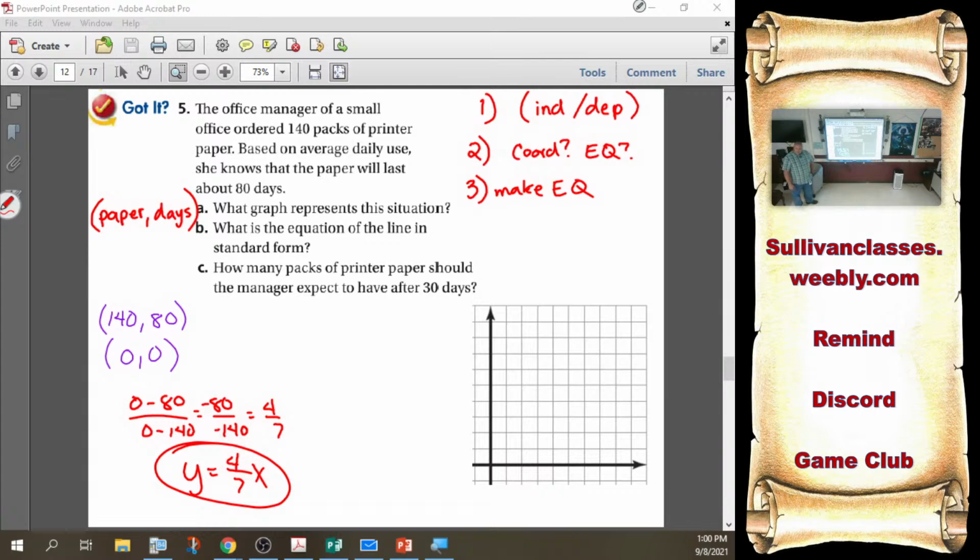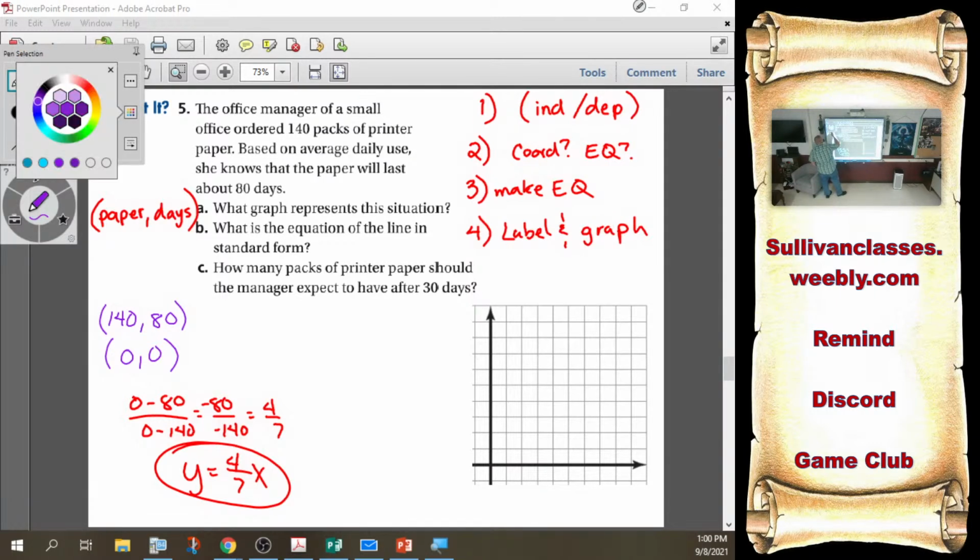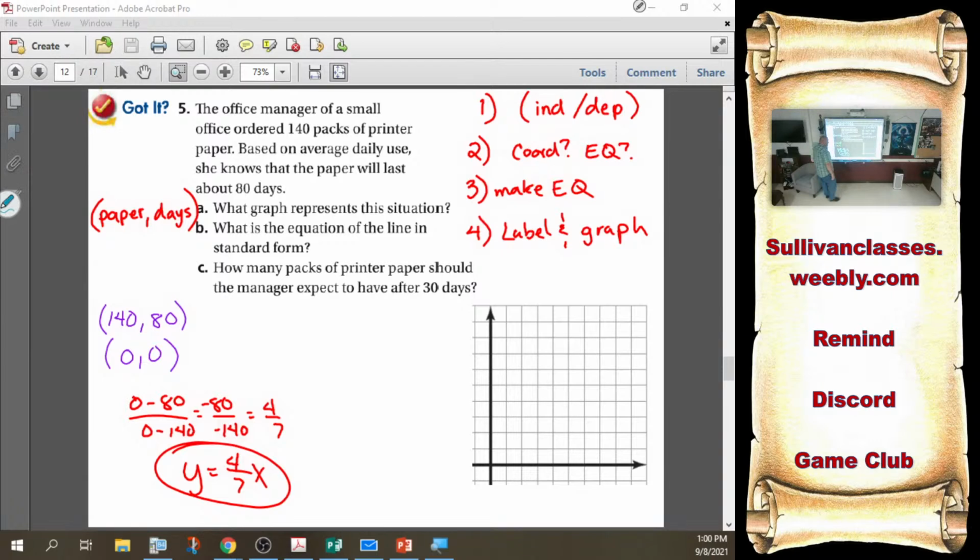Now, label your graph accordingly. Make your equation. Label and graph. So X is the amount of packs of paper that I'm getting, and we got to go all the way out to at least 140. I got 10 boxes.